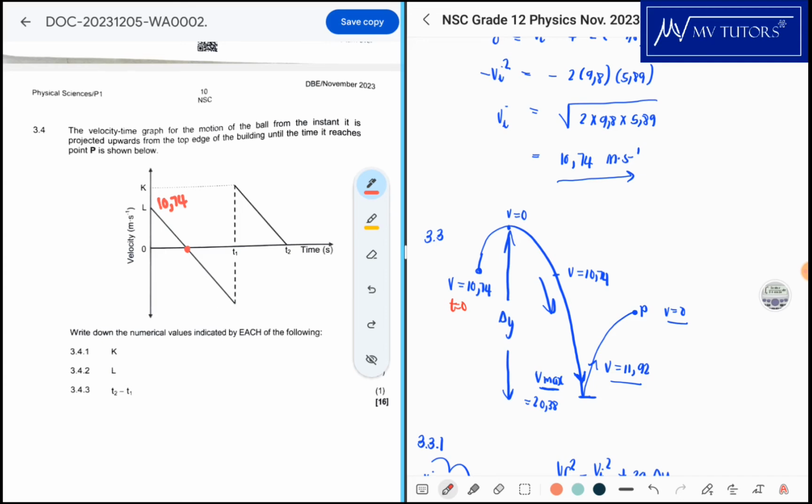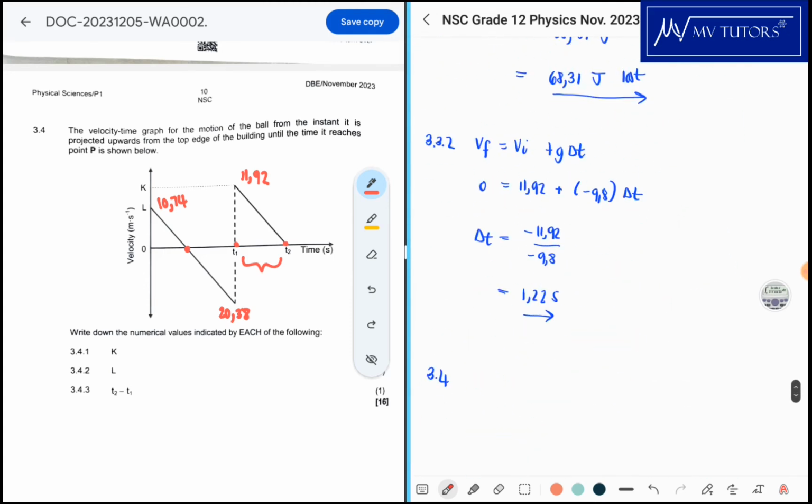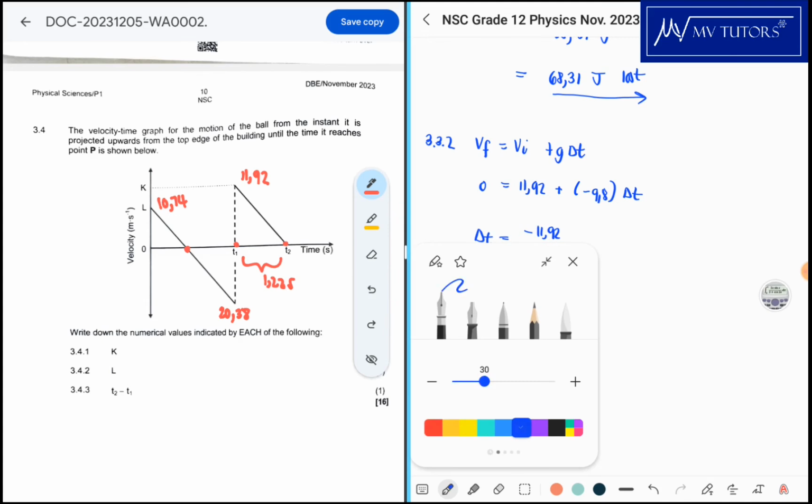It went down with 20.38, and then it lifted off with 11.92. We know the time it took from 11.92 to 0 is the time that we calculated, which is 1.22 seconds. So now let us answer the questions for 3.4.